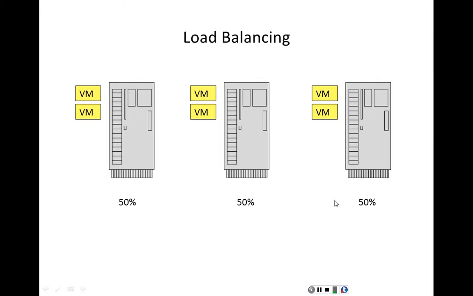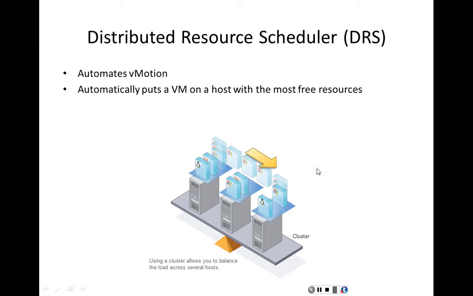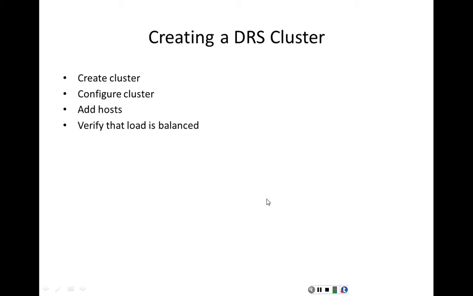So now they're all operating at 50% capacity instead of one at 100% capacity and the other 2 at 25% capacity. DRS, the Distributed Resource Scheduler, automatically does this process. It automatically moves virtual machines from more busy ESXi hosts to less busy ESXi hosts.